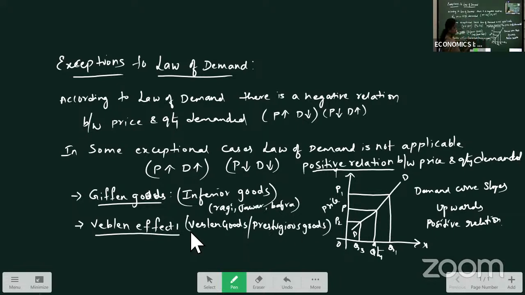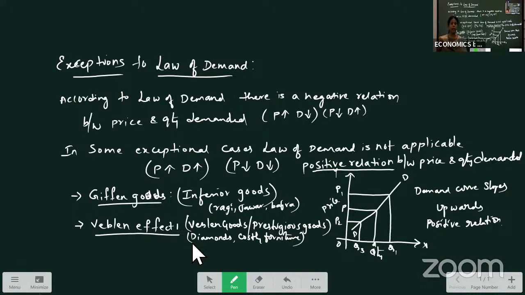Prestigious goods are used to show off social status, like diamonds, costly furniture, etc. These are the examples for our Veblen goods. This concept was explained by Veblen, so it is related to luxury goods here. That's why they are also called Veblen goods or prestigious goods.